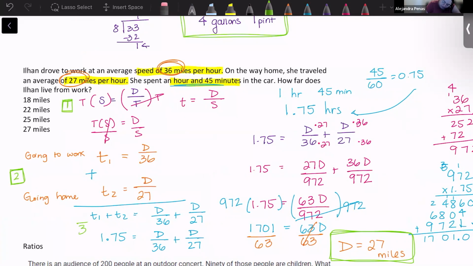Step number 3, we went ahead and added those two formulas and made them equal the time that we knew was the total time we were in the car. And then step number 4 was to go ahead and find the same denominator so we could add those two fractions together. And step number 5 was to go ahead and solve for the variable D, and that's how we got our answer.